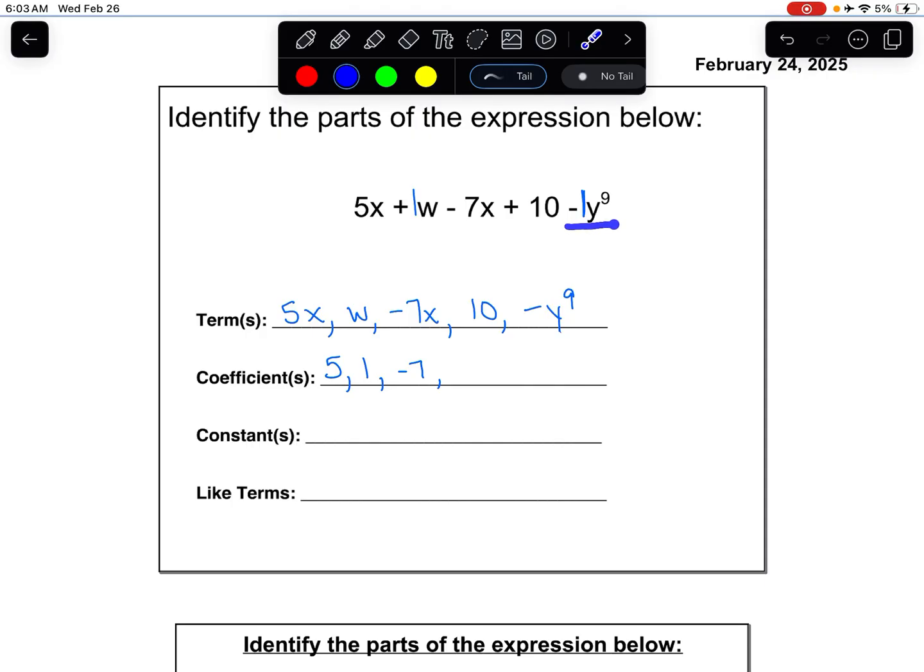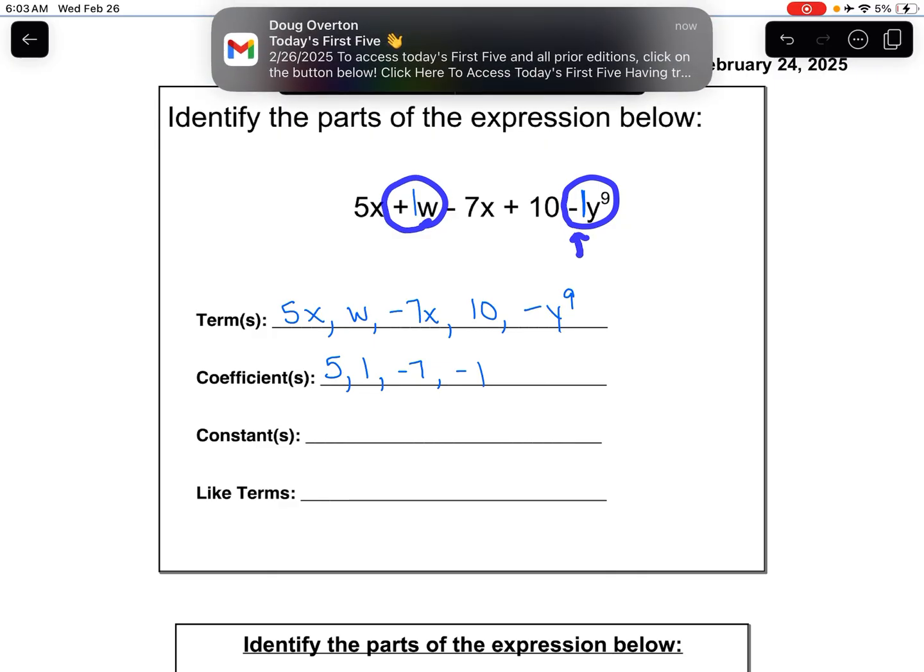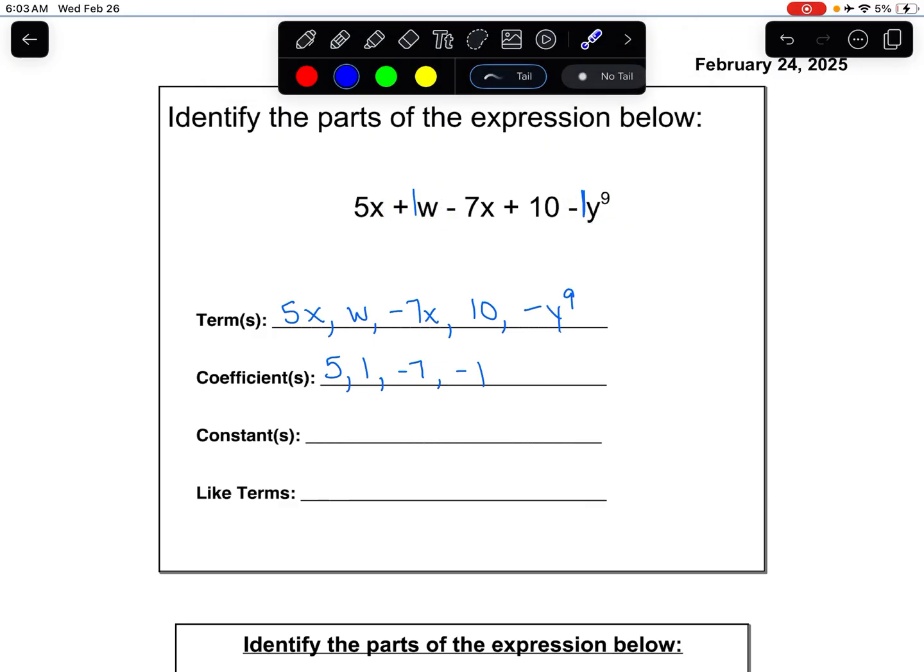And then our final one, -1y to the 9th, our coefficient here is -1. So notice that these two, -1y to the 9th and 1w, are both a 1, but one is negative and one is positive.